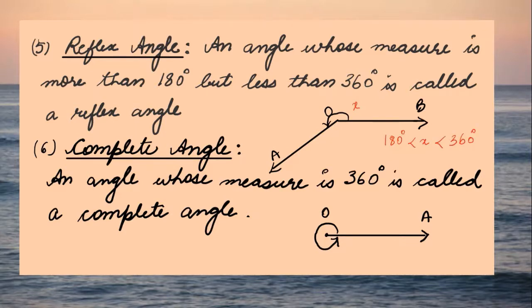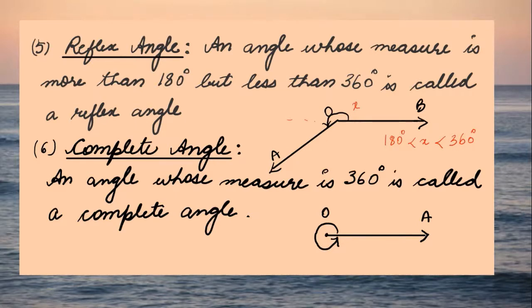That means your angle lies between 180 and 360 degree. Now you can see up till here it will be 180 degree, and this whole is your 360 degree. So an angle which lies between 180 and 360 degree is known as a reflex angle.